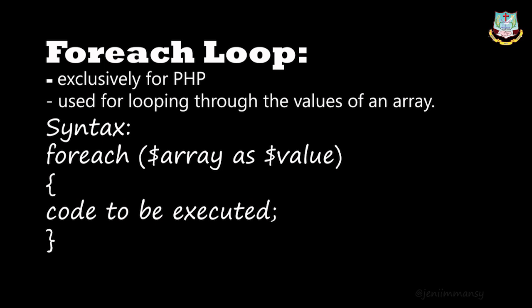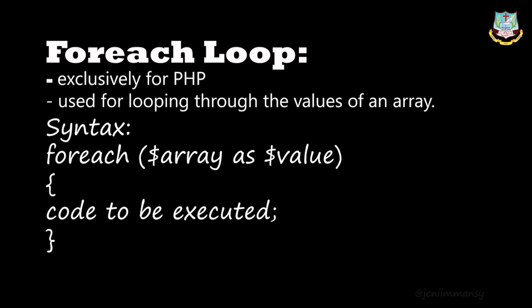The loop iteration will depend on each key value inside the array. For each loop iteration, the value of the current array element will be assigned to the variable value, and the array pointer will be increased one by one till it reaches the end of the array. When you are using array elements, we'll use this foreach loop.